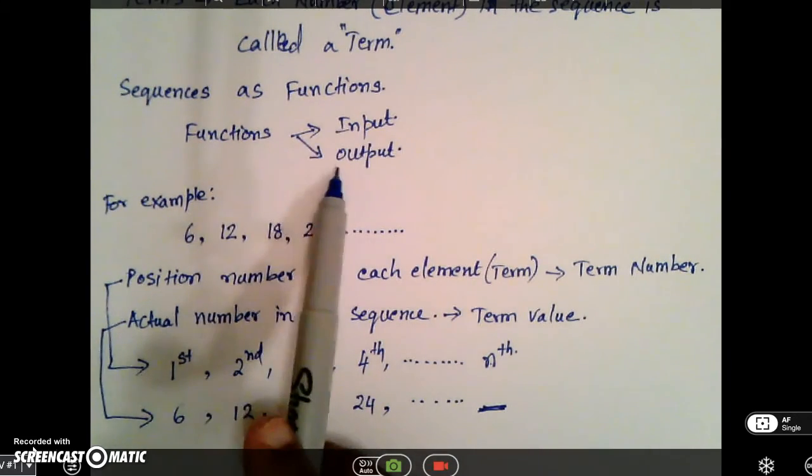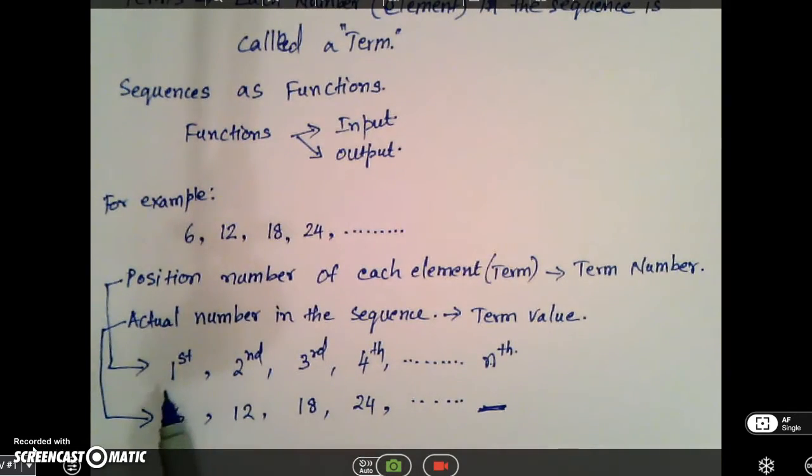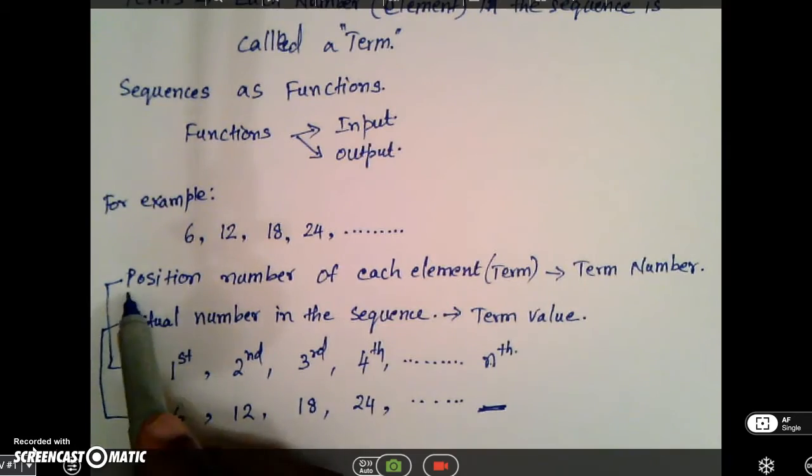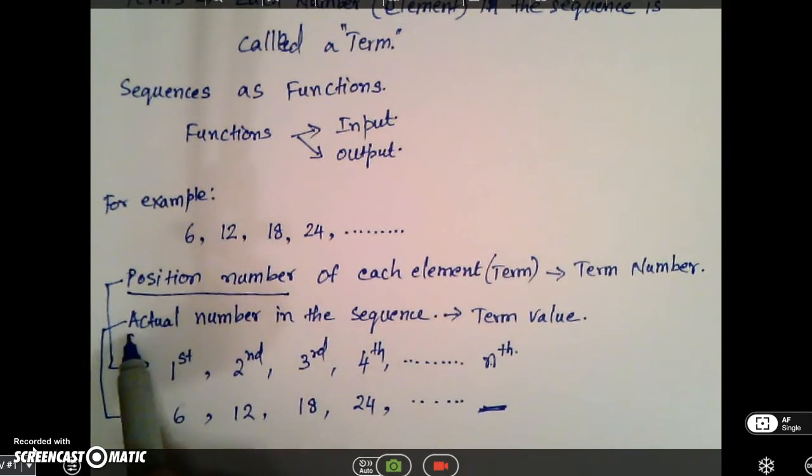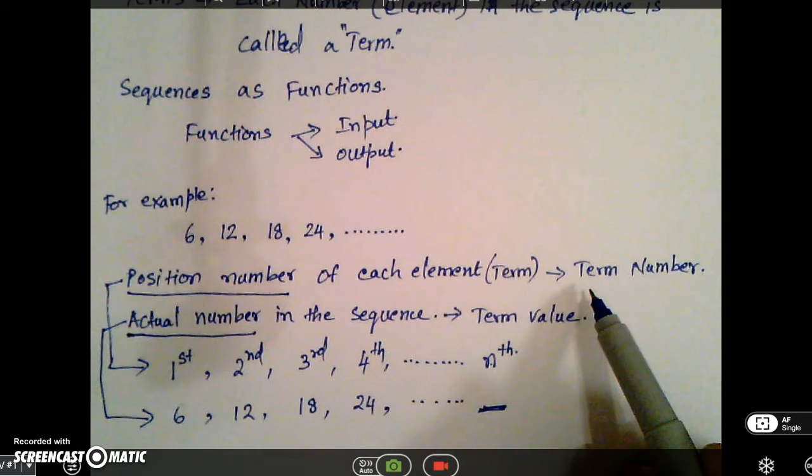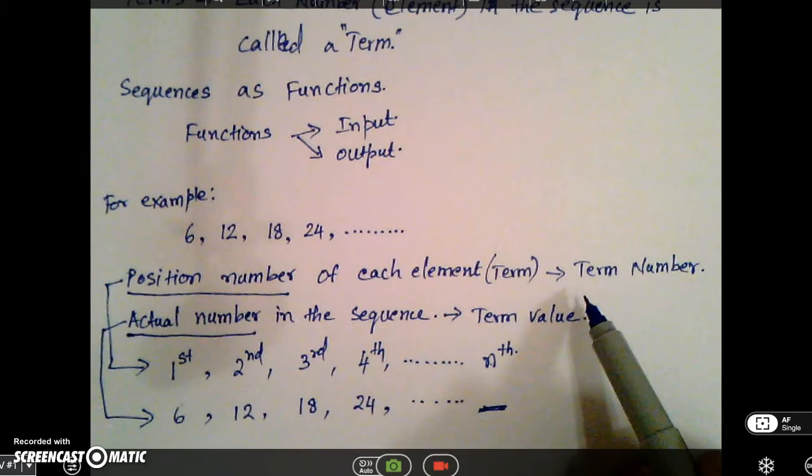One is our input and one is our output. So we have two things here. One is the position number and the other one is the actual number in the sequence. So we have our term number, we have our term value.